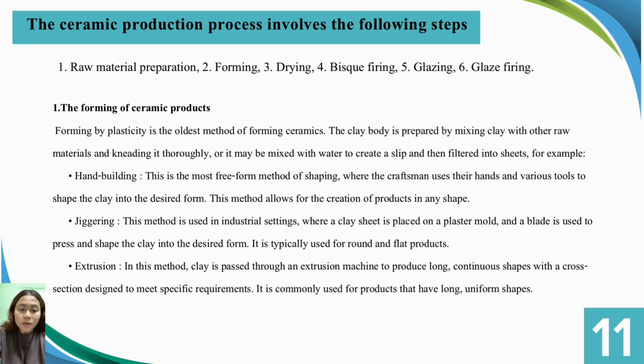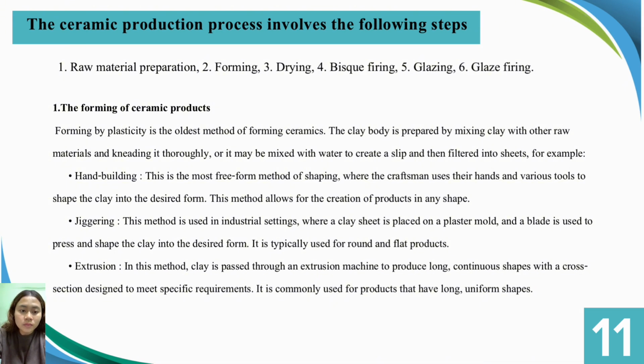Number 1, the forming of ceramic products. Forming by plasticity is the oldest method of forming ceramics. The clay body is prepared by mixing clay with other raw materials and kneading it thoroughly, or it may be mixed with water to create a slab and then filtered into sheets.